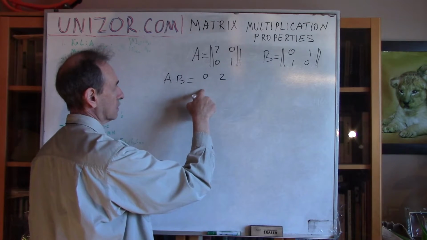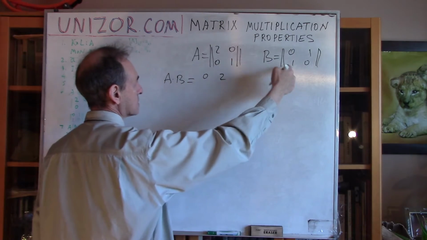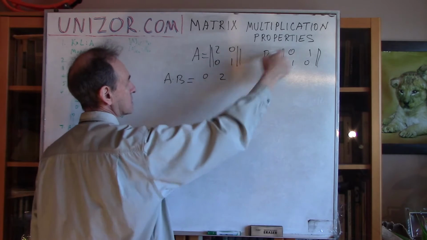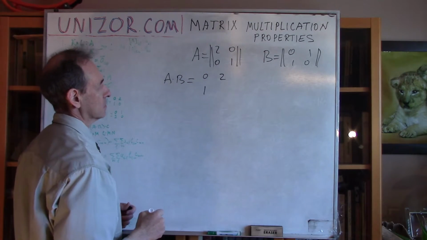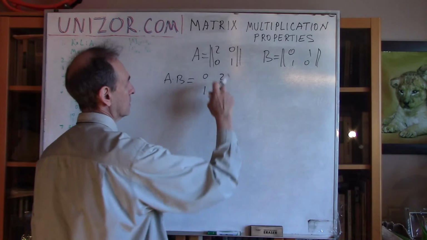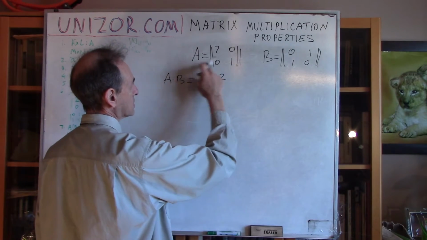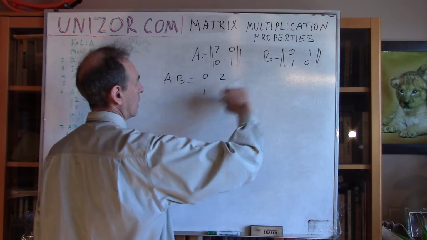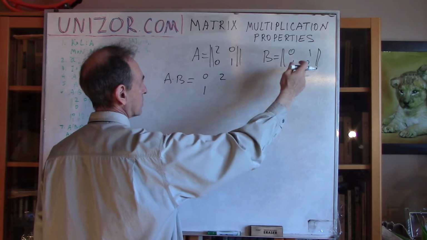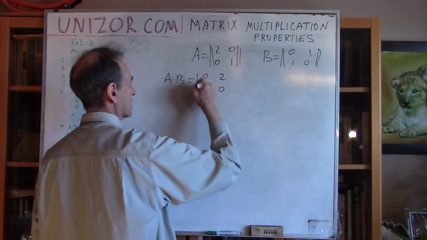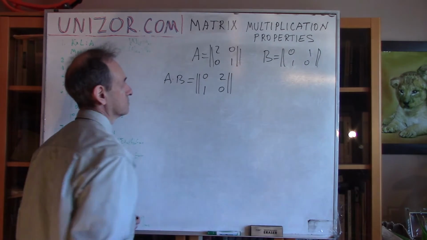Element 2, 1, second row times first column: 0 times 0 plus 1 times 1, we'll get 1. And finally, 2, 2, second row by second column: 0 times 1 is 0, 1 times 0 is 0, add them up, 0. So this is the result.